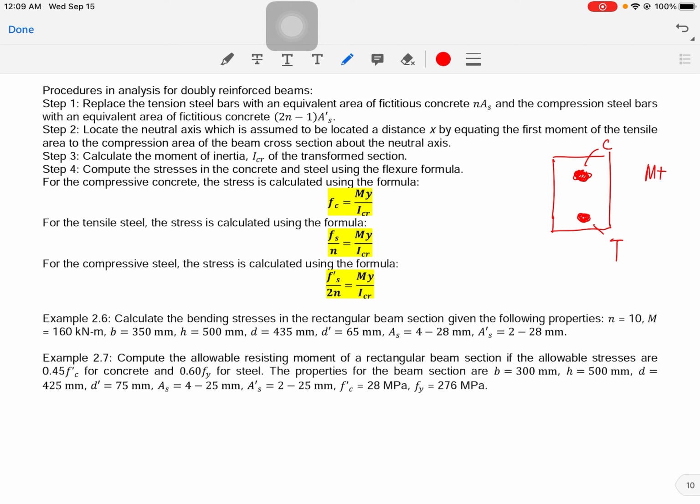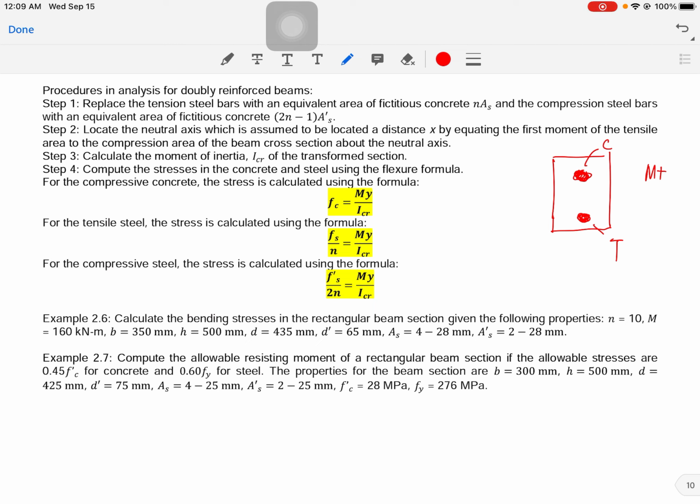Compression steel is generally thought to be uneconomical since you're adding additional bars, but there are a lot of advantages in using compression steel.